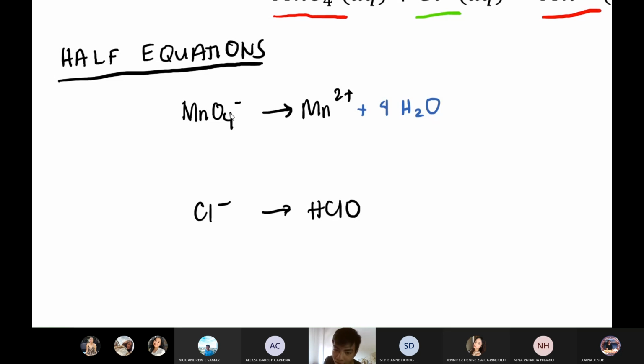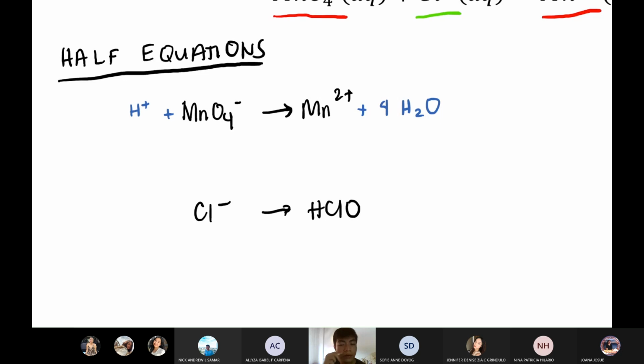So medyo malapit na tayo. Ano na lang hindi balance? Hydrogen. Okay. So ang hydrogen, ilan dito sa right side? 4 times 2, 8. Wala yung hydrogen sa left side. So, if ganon, mag-add ka ng H plus dito.